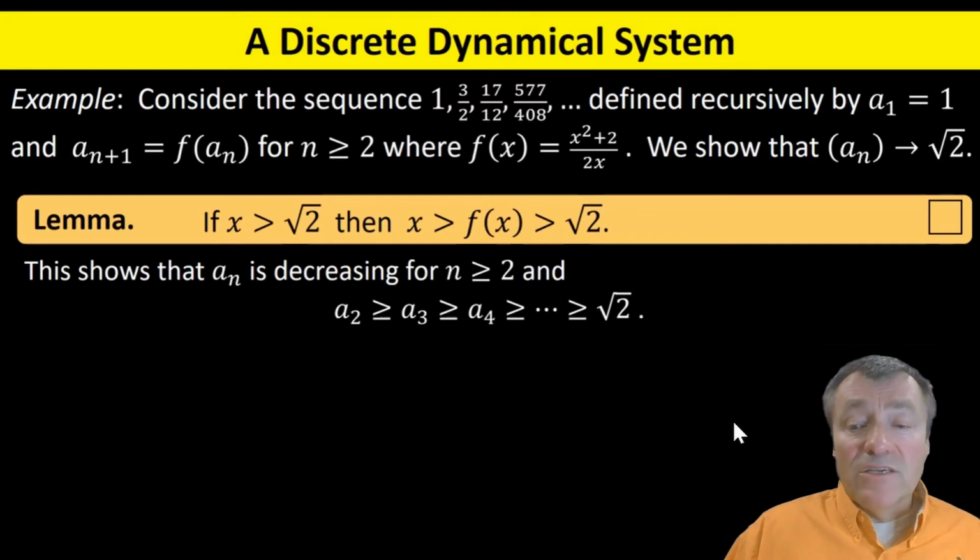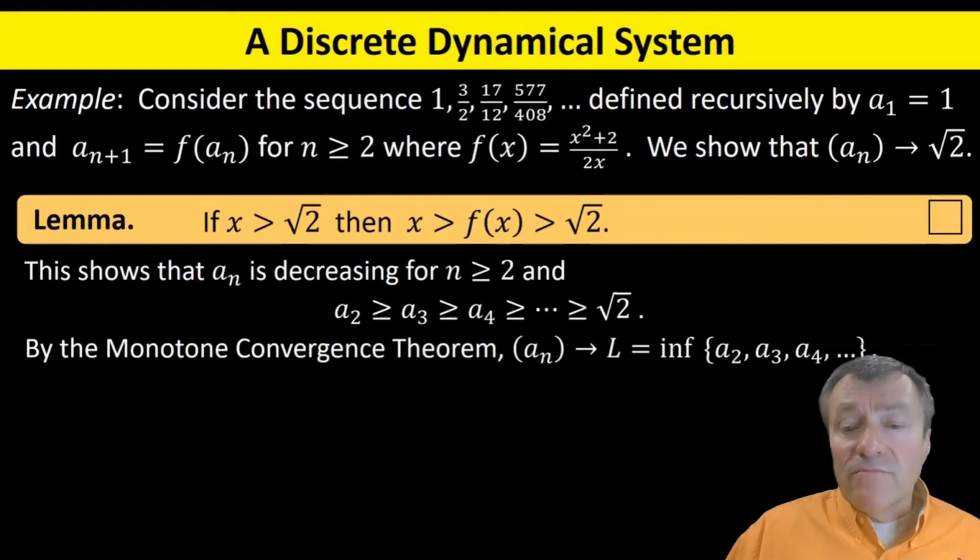And this part is really by induction, where we use the lemma at each step of the induction. By the Monotone convergence theorem, our sequence converges to some limit L, which by the way is the infimum of the terms, not including the first term.